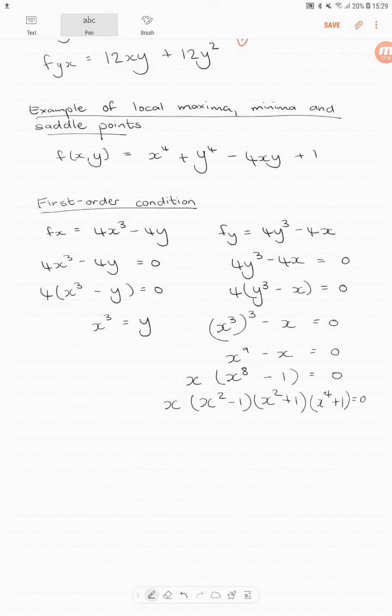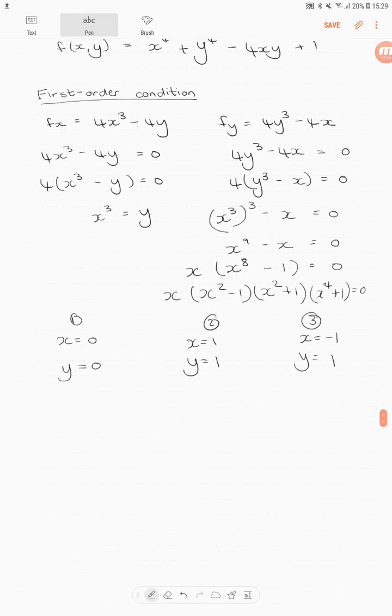So now we have our options. 1, x can be equal to 0. 2, x can be equal to 1. And 3, x can be equal to minus 1. If x is equal to 0, y is equal to 0; if x is 1, y is equal to 1.